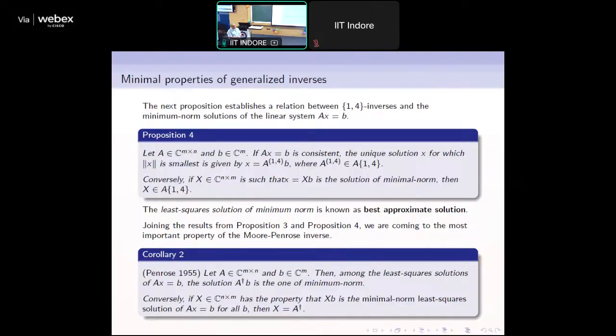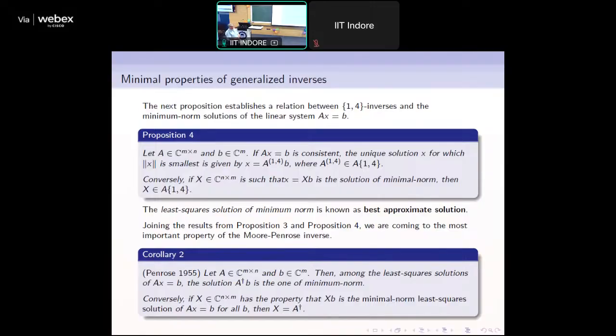Of course, it is sometimes possible to find some {1,3} inverse which gives a smaller residual norm of AX minus B. But the Moore-Penrose inverse is unique. {1,3} inverses are not unique, so it is always good to use the Moore-Penrose inverse.